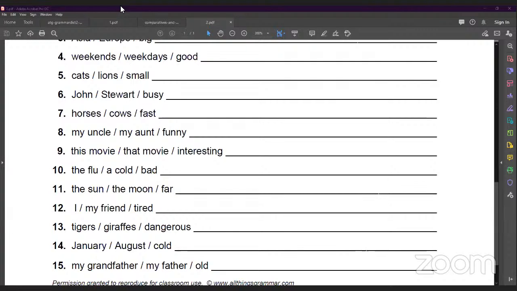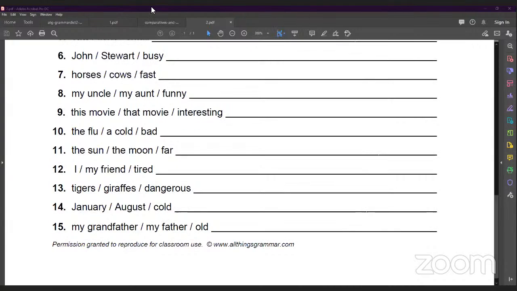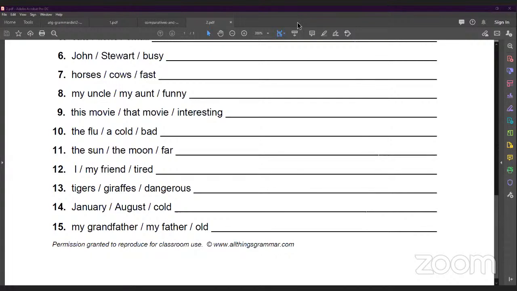Sanchez Salazar, please. 12 and 13. I am more tired than my friend. Tigers are more dangerous than giraffes. That's correct. More dangerous, because dangerous has more than 2 syllables, so it's a long adjective.